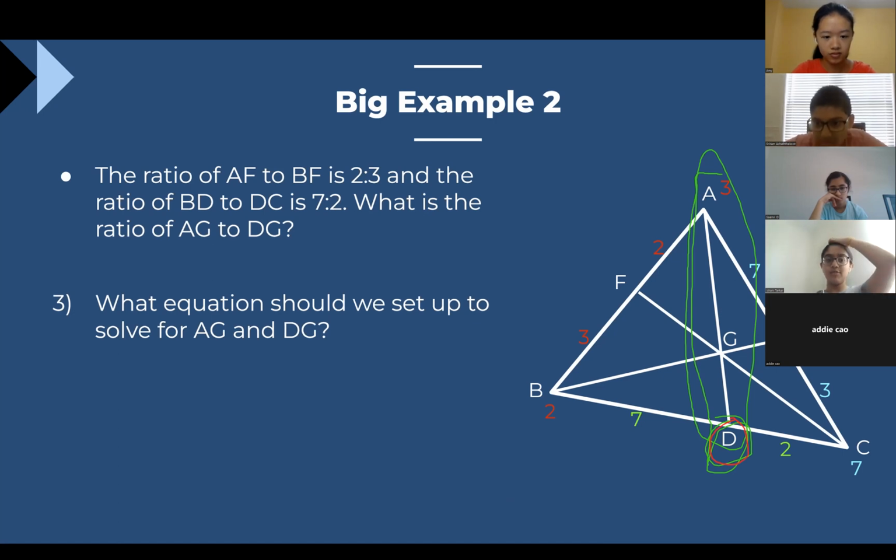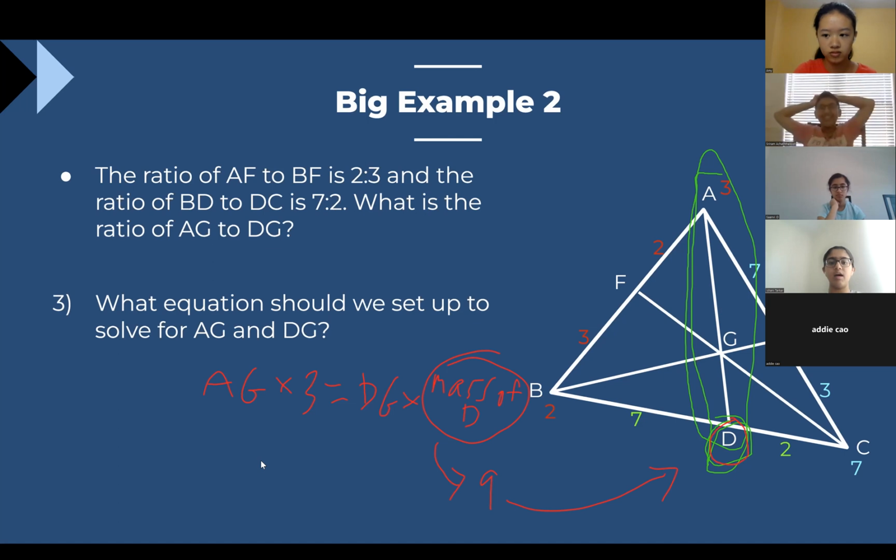Okay, I see a lot of you getting the right answer for D. The mass of D is 9. We also need to know the equation we would use, which is AG multiplied by the mass of A, equal to DG times the mass of D. We can rearrange this because we need to find the ratio of AG to DG.